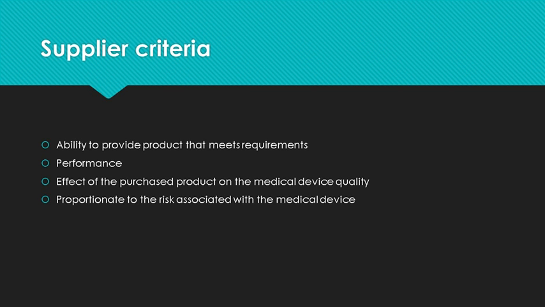An O-ring that is critical to the function of your product has a different risk than the bag you use to contain accessories. This needs to be taken into account when evaluating and selecting suppliers. And finally, the criteria must be proportional to the risk associated with a medical device. An implantable pacemaker has a different risk level than a non-sterile bandage.